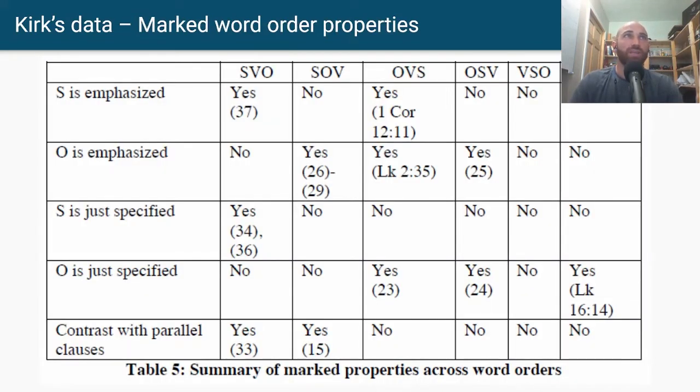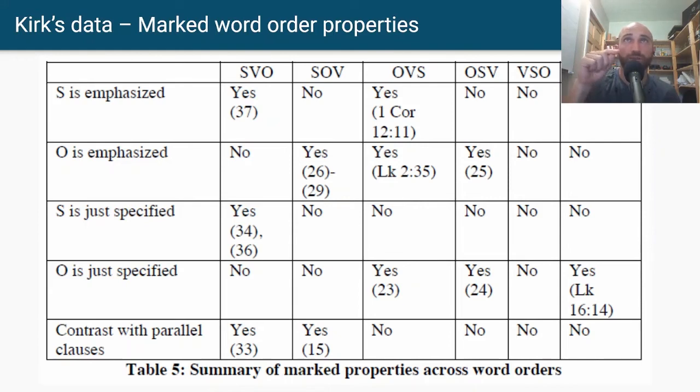So this is the data that she has, just a summary of marked properties across word orders. So we have cases where the S is emphasized. She uses these kind of neutral terms, emphasized and just specified, basically referring to focus for emphasis and specified for topic. So she says, okay, for SVO, we can have an emphasized subject.